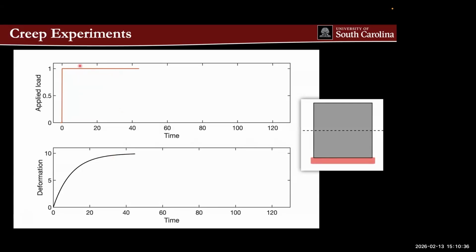Here is my input function, which is just a constant weight at time 0. And then at time 60, I take off the weight and I start measuring the recovery. So this is called a creep recovery experiment. And that's one of the experiments we use to characterize viscoelastic materials.